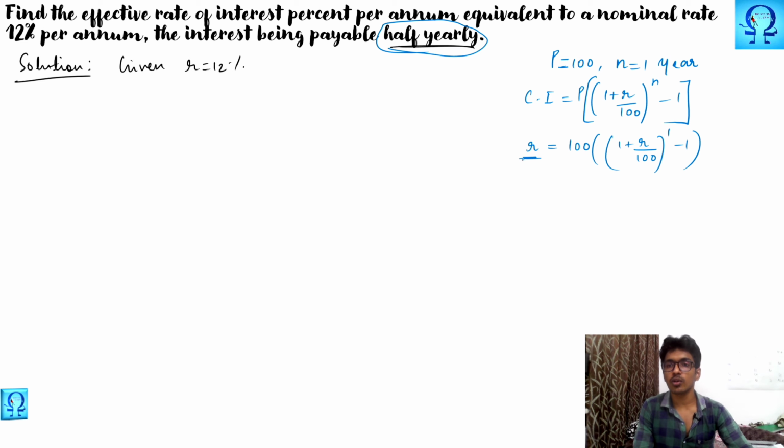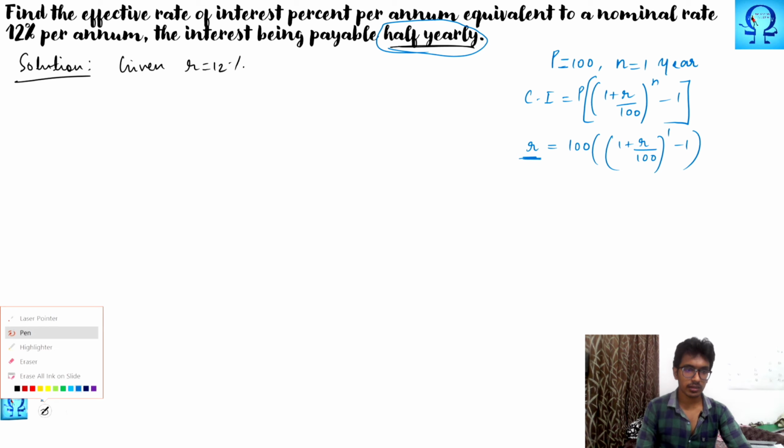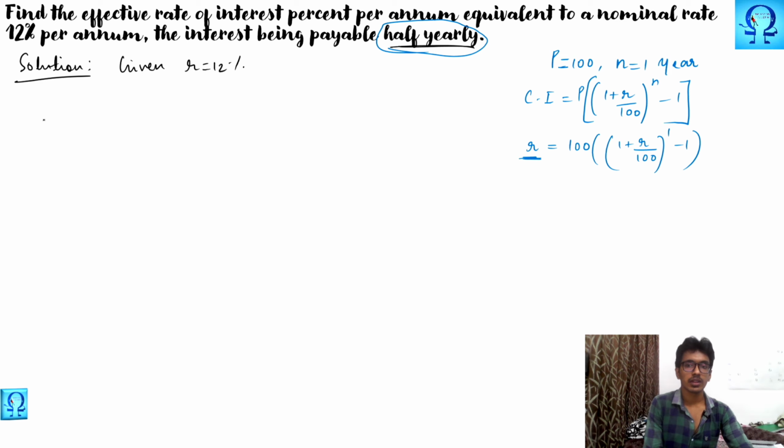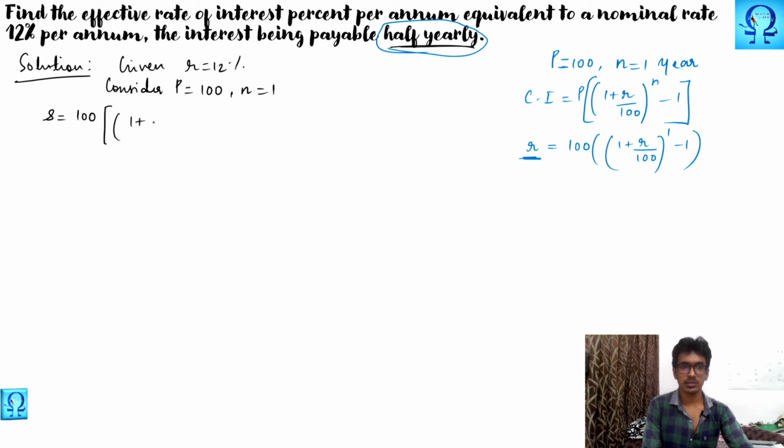So here what you are going to get is your effective rate, right? So let us write, yes, this is the effective rate. Let us consider P is 100 and n is 1 year. It is going to be 100 times of (1 plus r upon 2 upon 100) to the power 2, minus 1.